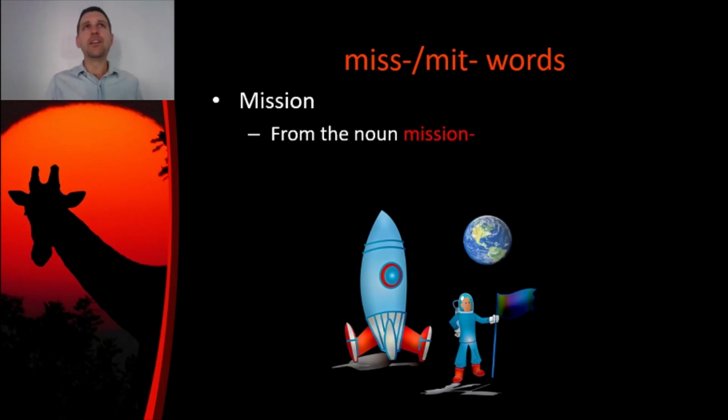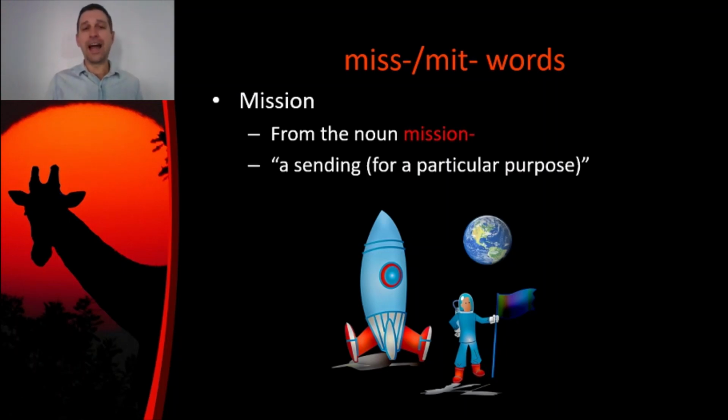What is a mission in English, and why does it come from this Latin root? Well, the original meaning of the word mission, going all the way back to Latin, was a sending. Somebody is sending somebody for a particular purpose to do something. So sending is really fundamentally at the etymological foundation of what this word means, coming from Latin.